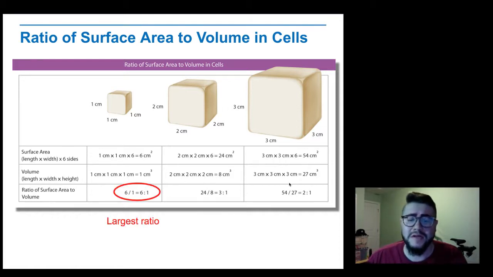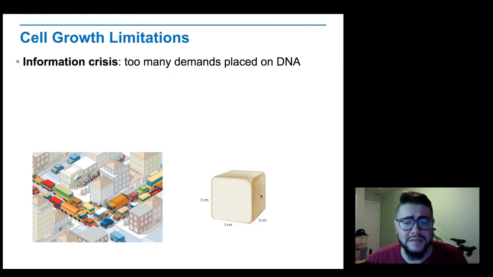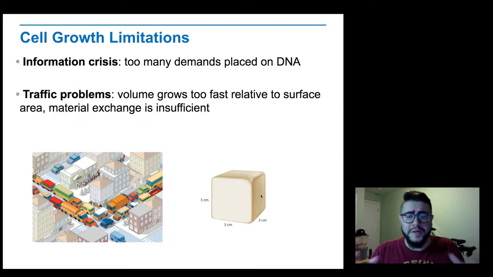That's important because when we talk about this, we need to think about cells, right? As cells grow bigger, too many demands are placed on the DNA, and basically think of it as a large city with not enough roads and streets, right?